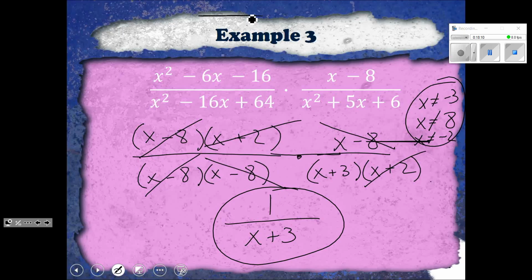Do you understand, if I just look at the answer to get my excluded value, all I would say would be negative 3, right? Because that's all I got left. But if you plug an 8 into your problem, that's going to not work either. So you can't look at it from here. You got to factor it first, then get your excluded values, then you can cancel and smush it together. Okay?